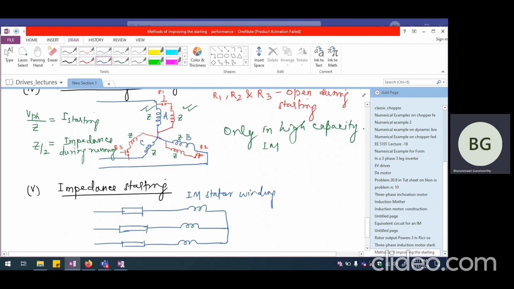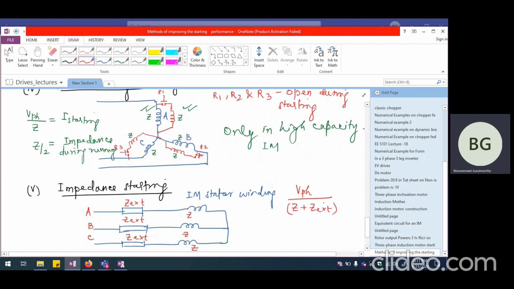And what we have done is to connect an external impedance. So this is Z external per phase. Each of the phases is going to utilize an external impedance here, apart from the inherent impedance of the induction motor, which is Z. So now, if the per phase voltage is V phase, the current is V phase divided by Z plus Z external.